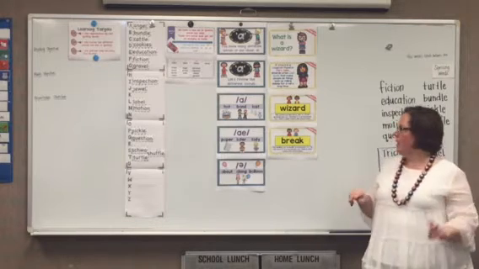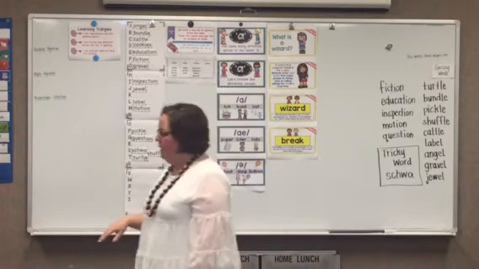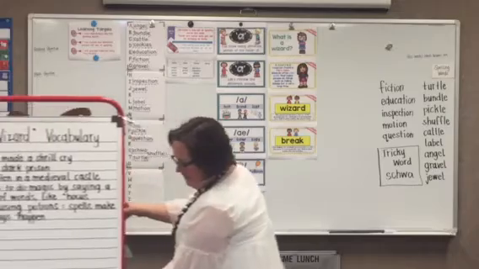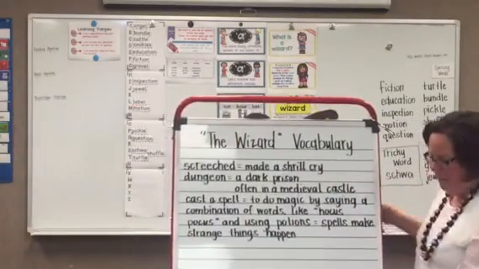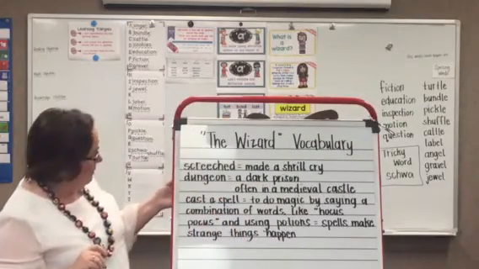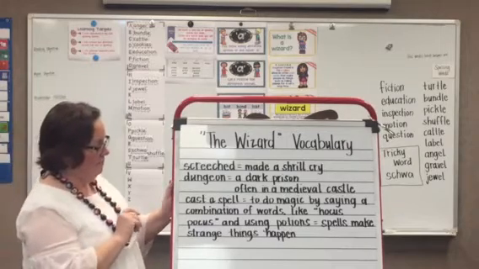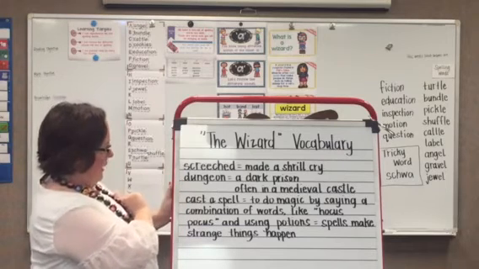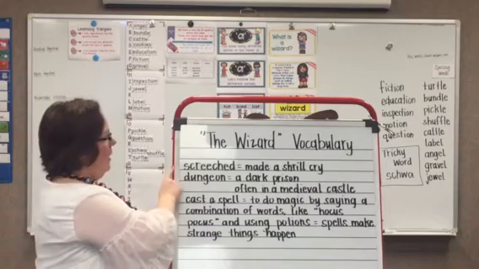It's a tricky word. Now, the last thing that we're going to talk about is our vocabulary. Let me bring this out. And let me come around here on this side. We only have 3 words, okay?